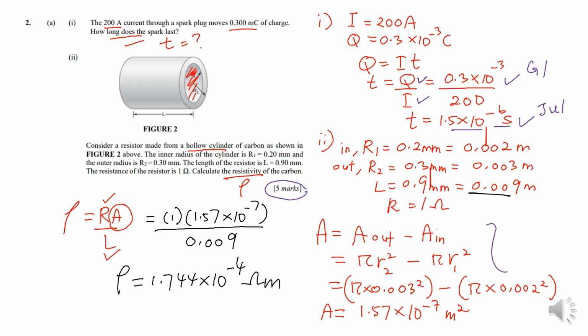So area ini kalau betul semua, konsep 1 markah, gantian 1 markah, dan jawapan dan unit yang betul 1 markah. So dapat 5 markah. Okay, 5 marks for 2A1 and 2A2.